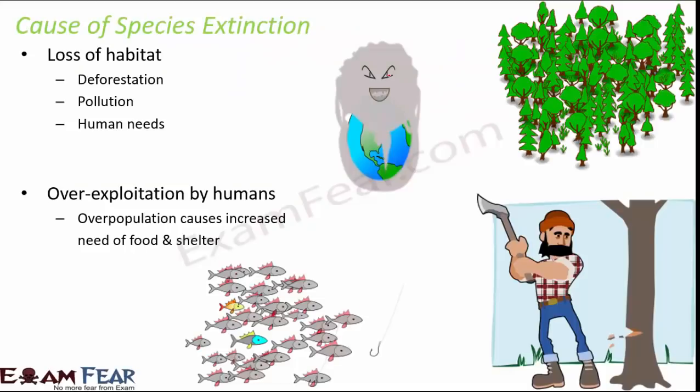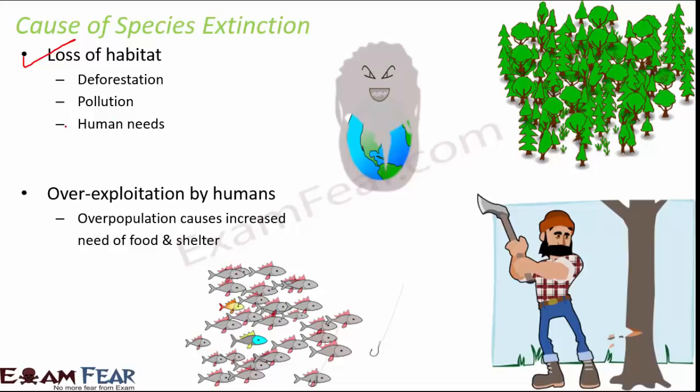Now, there are various causes of species extinction, because these days we see that a lot of species are becoming extinct, and therefore it is high time that we take care of them so that we can protect them from being endangered. One cause could be loss of habitat due to deforestation. The forests are being cut down, so the animals are losing their habitat. Due to pollution, they get diseased.